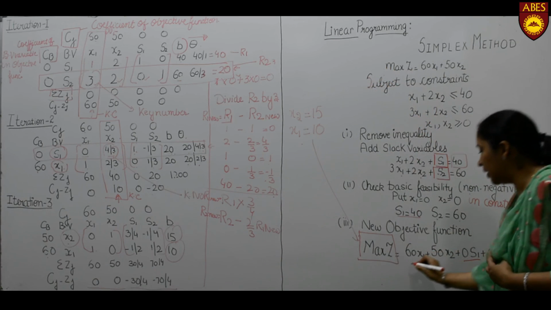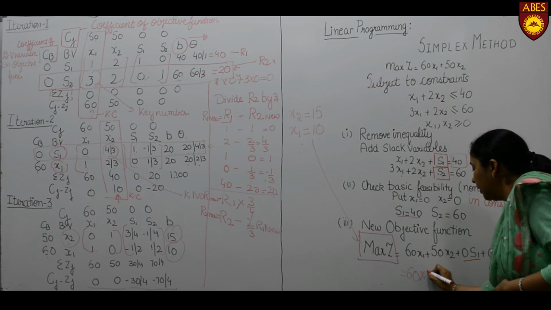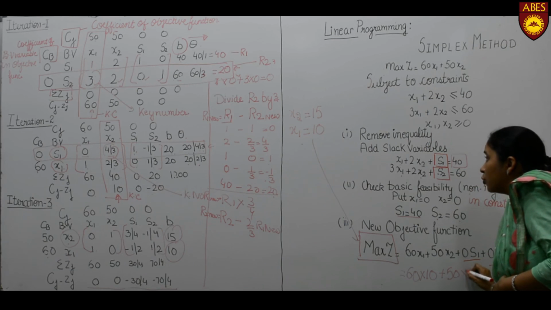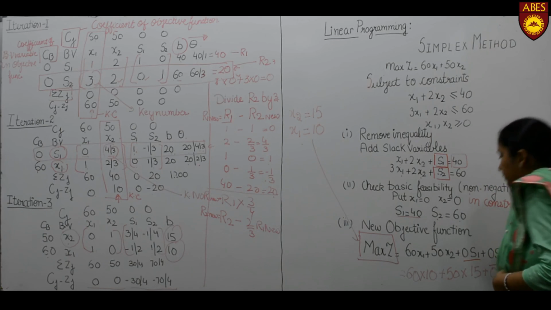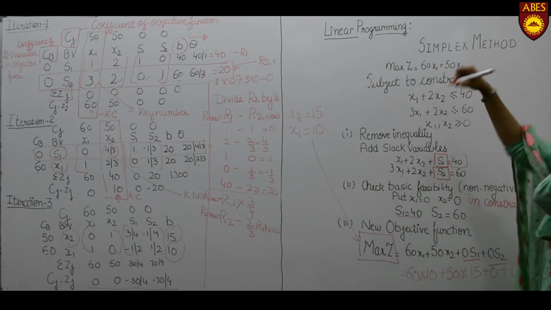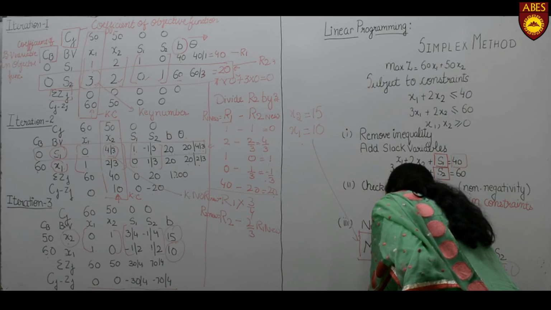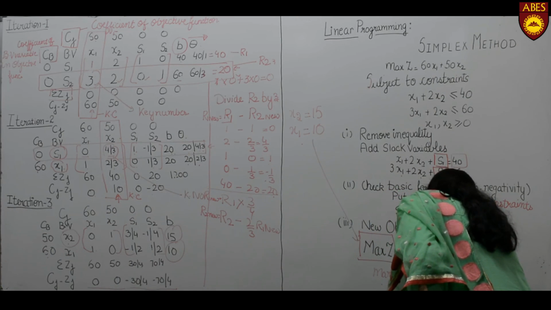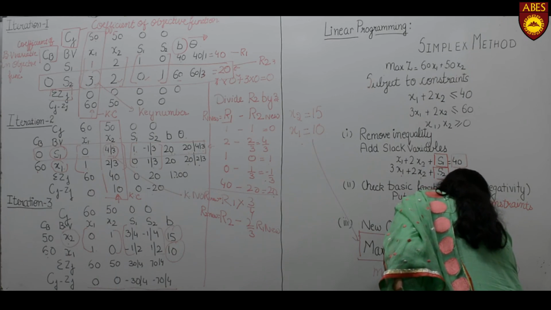So here you can see 60 into 10 plus 50 into 15 plus 0 plus 0. So maximization Z is equal to 600 plus 750, and the answer is 1350.